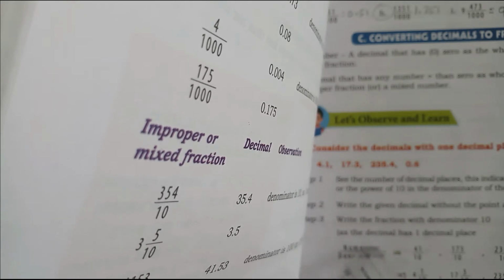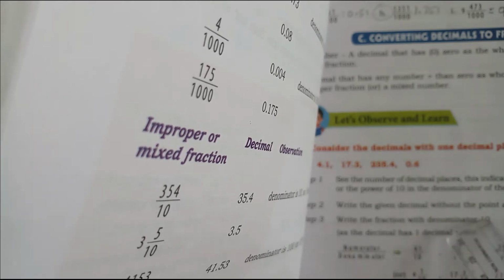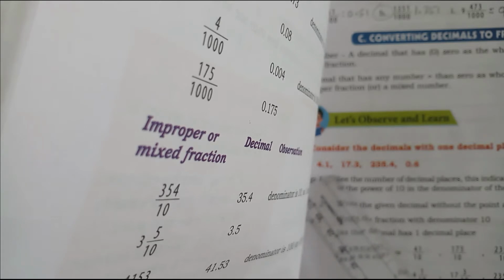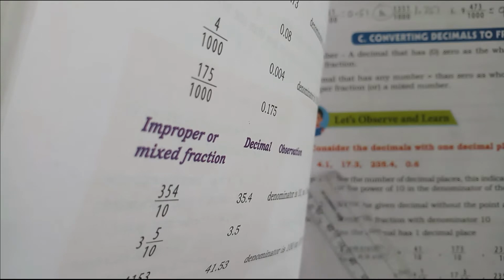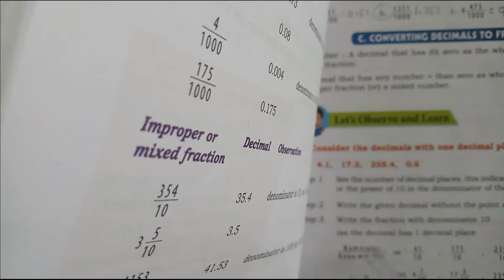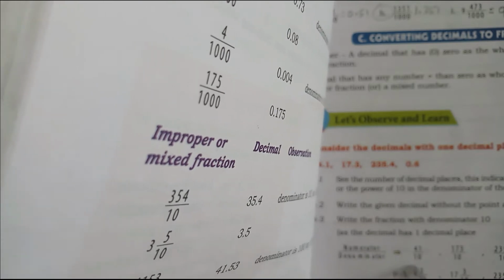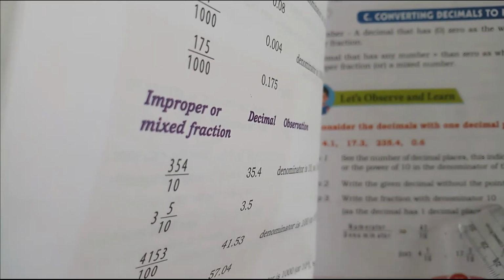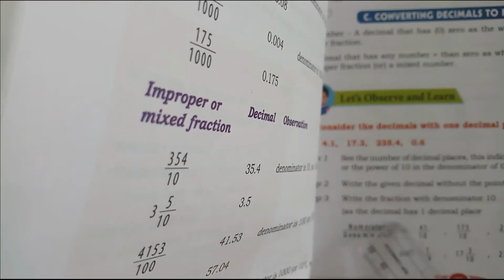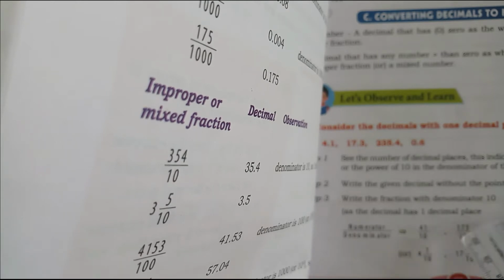So numerator by denominator, 41. So write 41 as numerator, and for the denominator, this 1 after the decimal, in which position is this 1? Tenth place, right? So we are writing 10 here as the denominator. So write the fraction with the denominator 10 as the decimal has one decimal place.